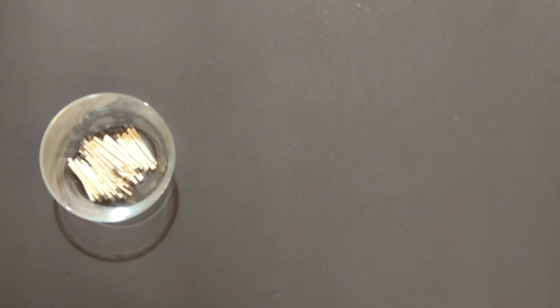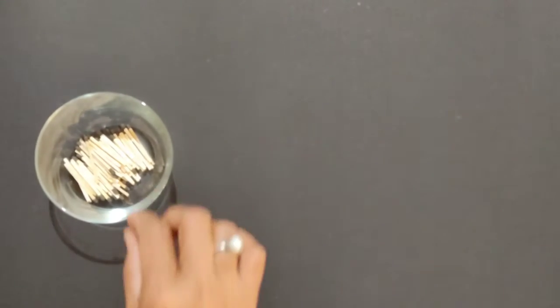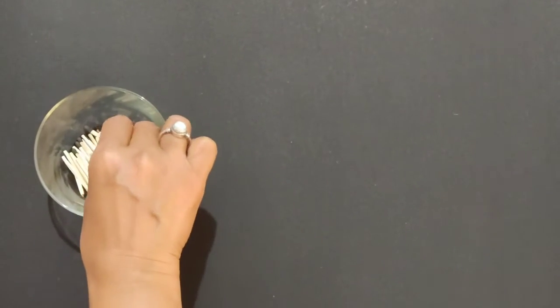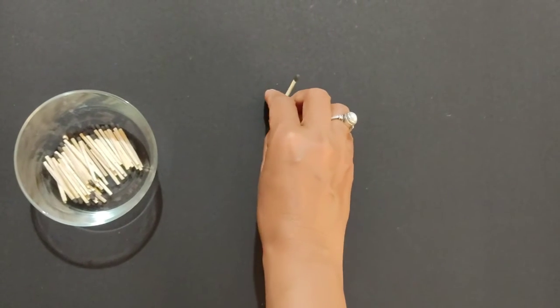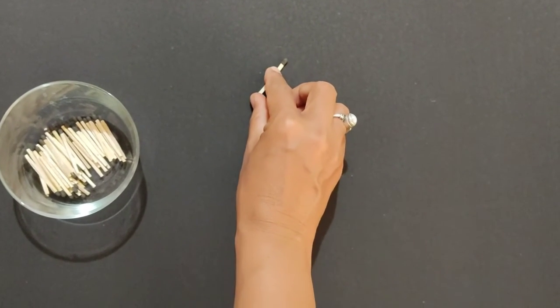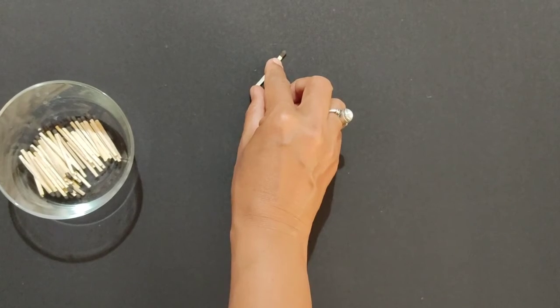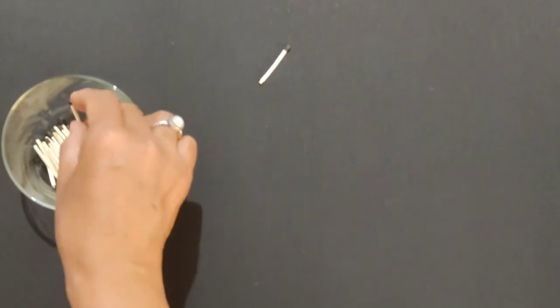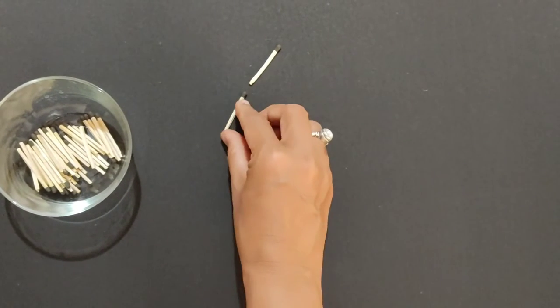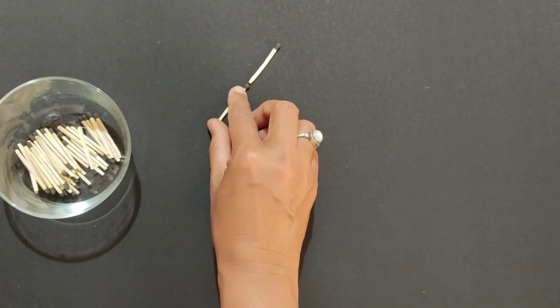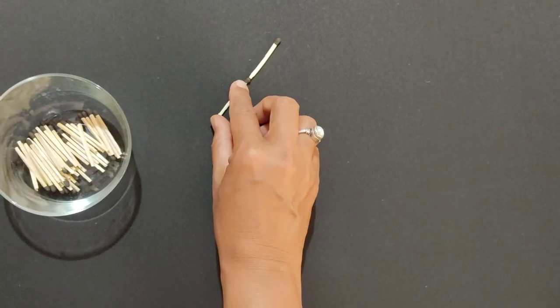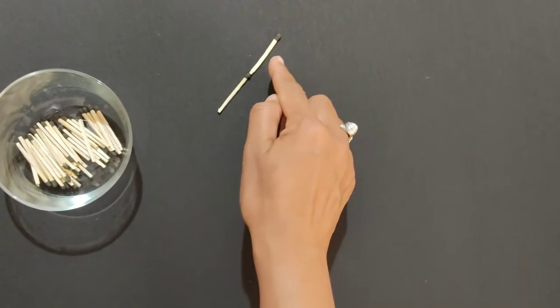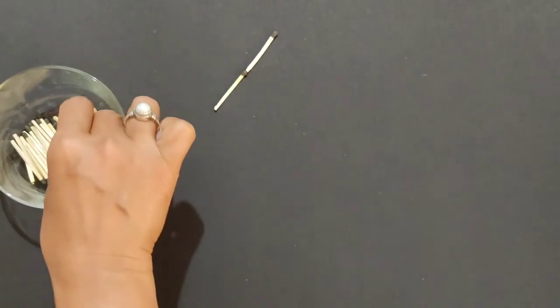Now we will make another pattern. To make this pattern, first we will make slant line from right to left. Arrange matchstick in slant position from right to left.